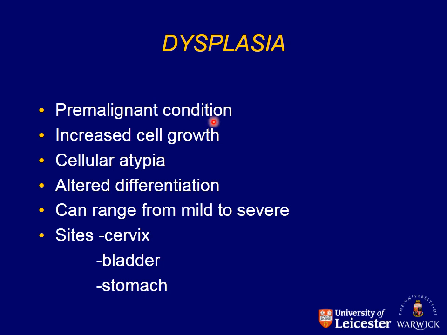Why do we say pre-malignant condition? The cells are showing the features of pleomorphism and cellular atypia. They have shown altered differentiation, that is, their resemblance to their parent cells, to their normal tissue, is reduced.